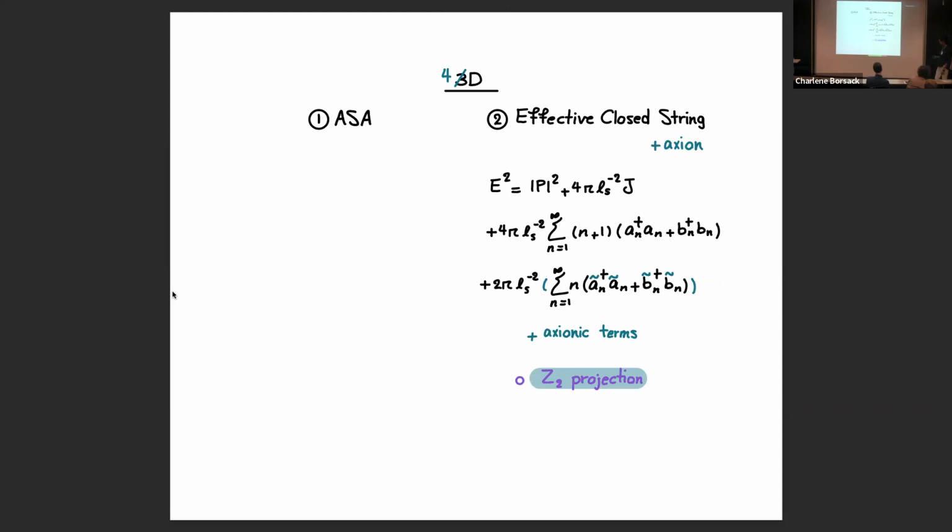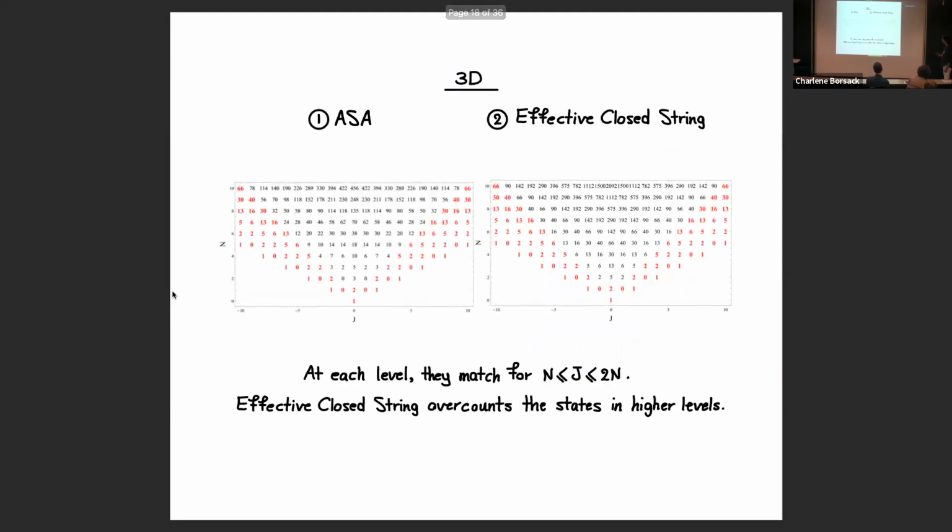Specifically in 4 dimensions, we have to add the axion to our process. So there will be some axionic terms and two towers of oscillators, but one should be careful about the Z2 projection, because the axion carries charge under the Z2 symmetry. So one should be careful about which states should be projected out and which states should be kept.